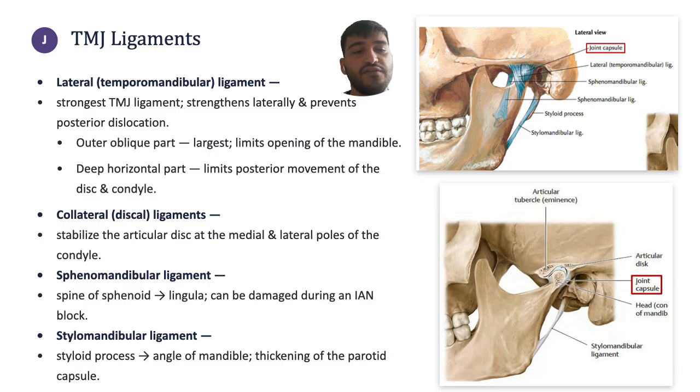And then we have the sphenomandibular ligament, which goes from the spine of the sphenoid to the lingula, and it can be damaged during an IAN, which is an inferior alveolar nerve block. And then we have the stylomandibular ligament, which goes from the styloid process, which is that pokey thing at the bottom of the cranium, to the angle of the mandible, and is a thickening of the parotid capsule.